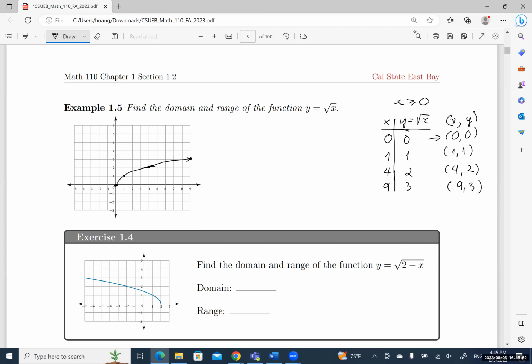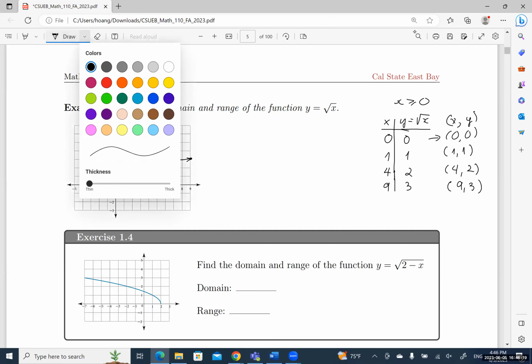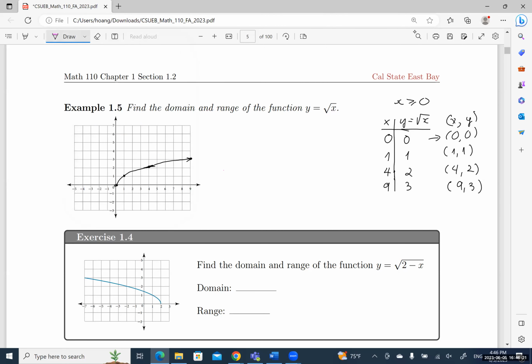So, as you see right now, if I want to find the domain, which is the whole set of x values, or the input values, like how far horizontally it goes, you can see that x will never be less than 0, right? And you can see that the domain must be just from 0 up to infinity, right?